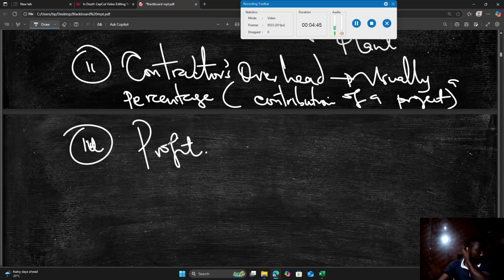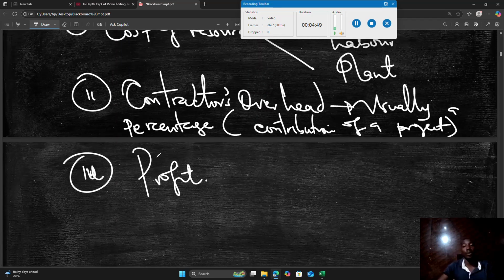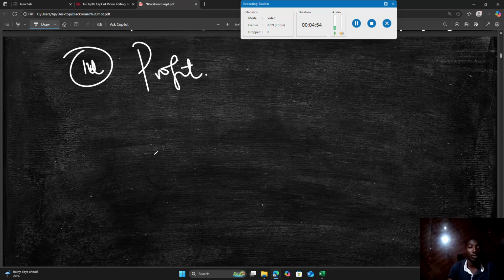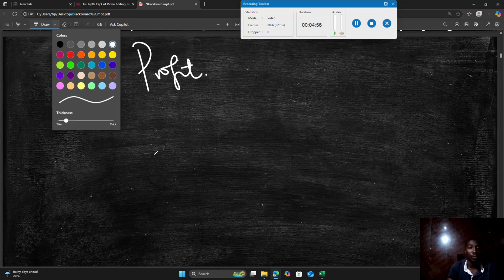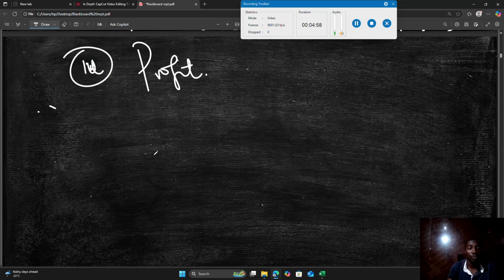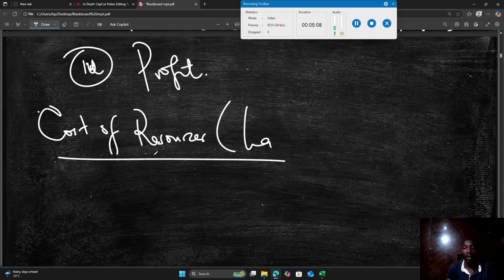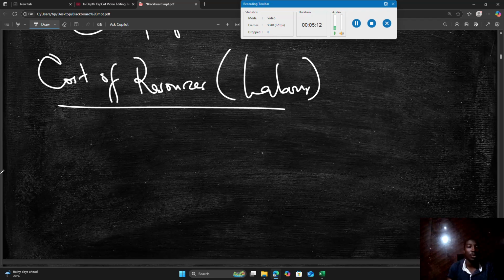So with that said, I want to dive deeper and look at the cost of resources. One of the major resources is labor.